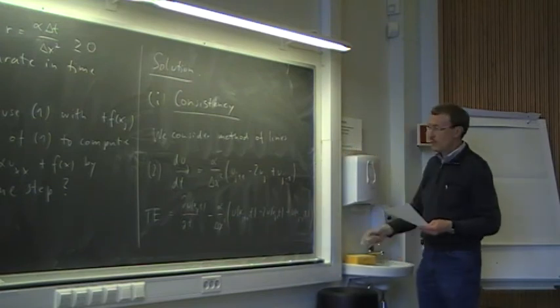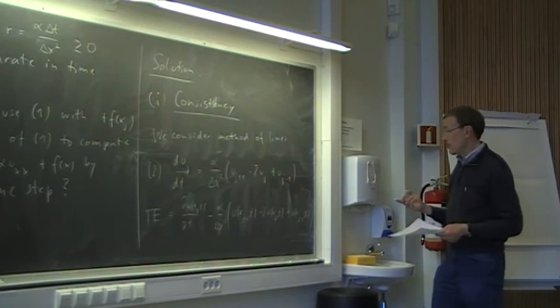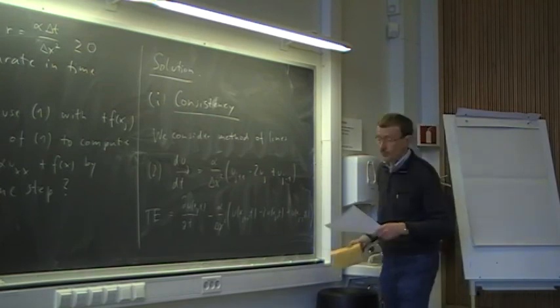Okay, so then we have to compute this, and we get the truncation error for the spatial discretization.